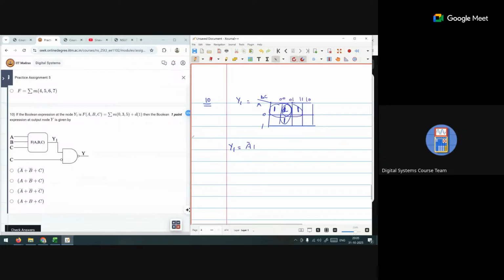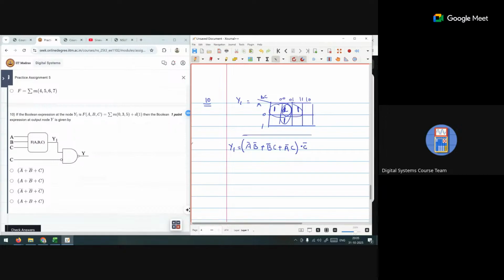So A bar B bar plus B bar C plus A bar C. Now with the C bar, it is ANDing. Okay, and the whole will be complemented.